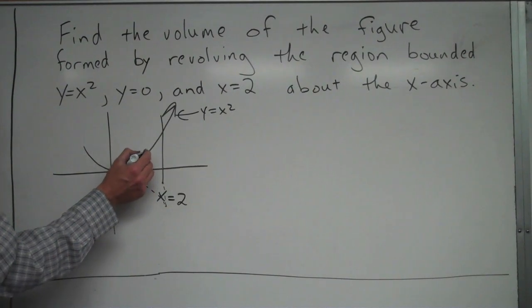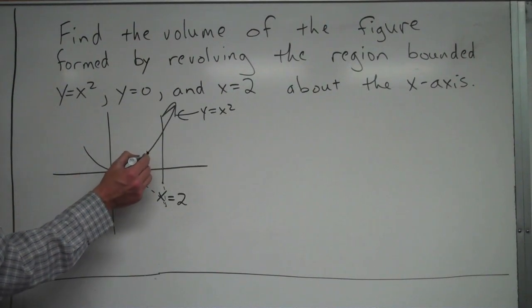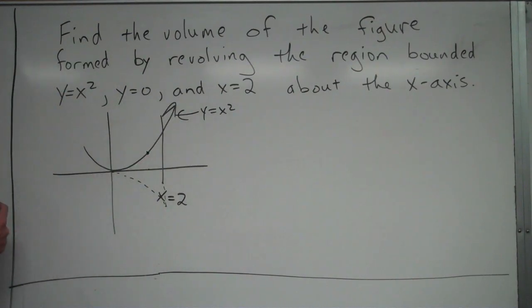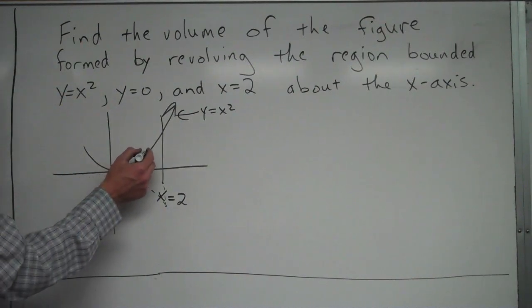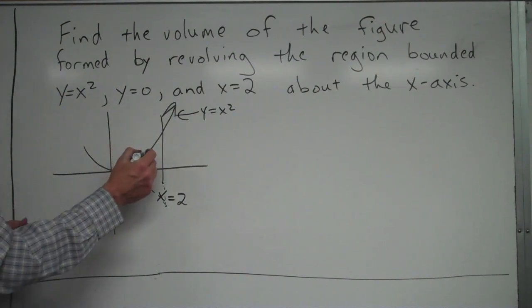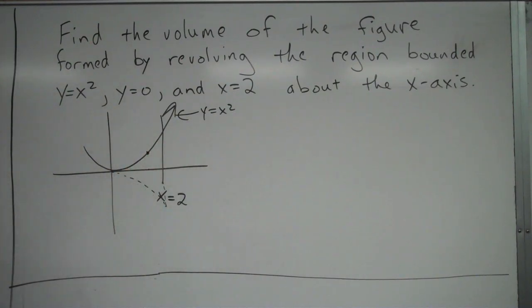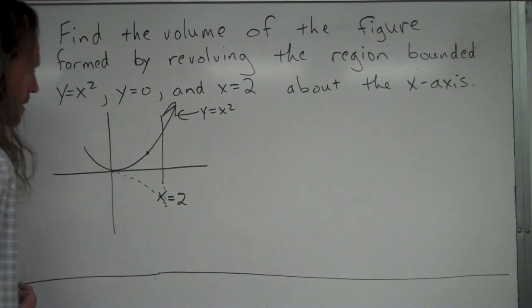And as this graph rotates around, it's going to remain the same distance away all the way around until it hits where it started from. So it's almost like there's a string attached to this and it goes all the way around. What it's forming is a circle. So this has circular cross-sections.